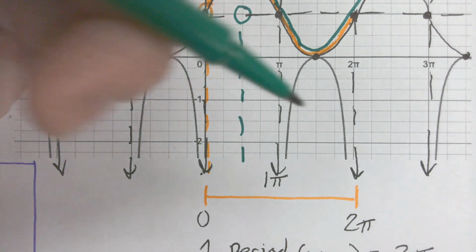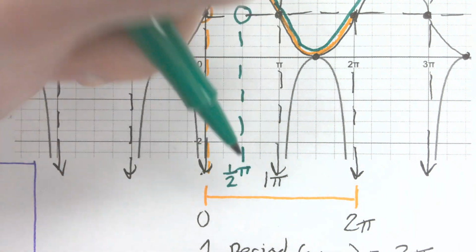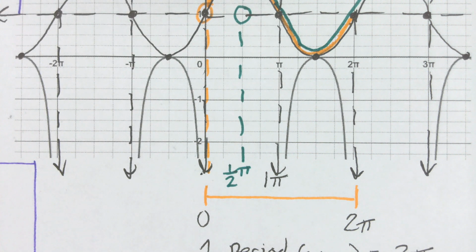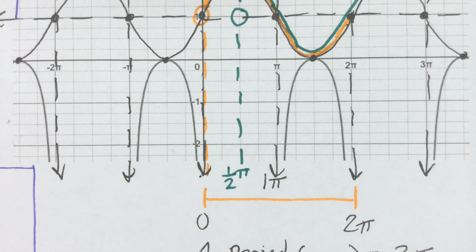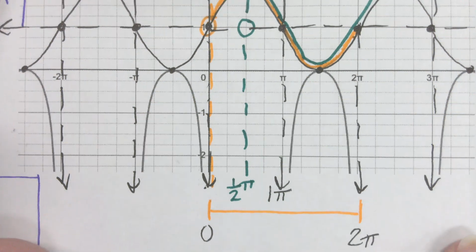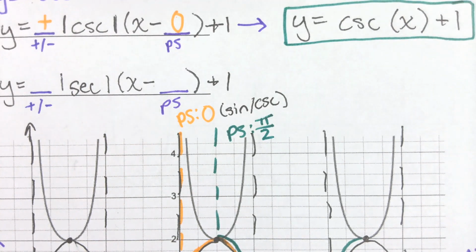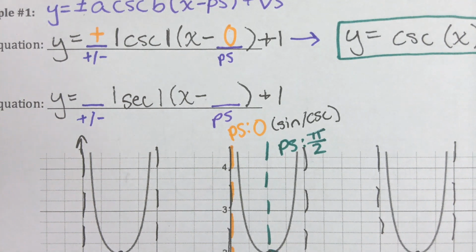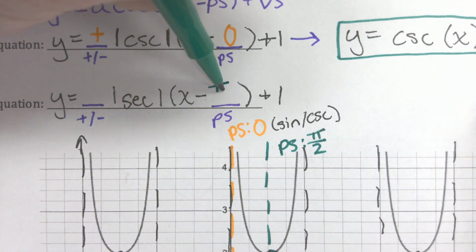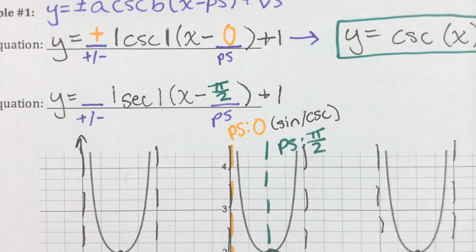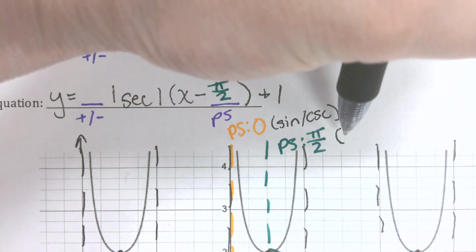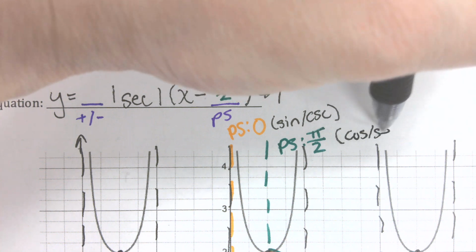Thank you, 1/2. So this is 1/2 pi, or pi over 2. So my phase shift is at pi over 2. And that's what I'm going to put in my equation. If you write 1/2 pi instead, that's fine. And this is the phase shift specifically for cosine / secant.